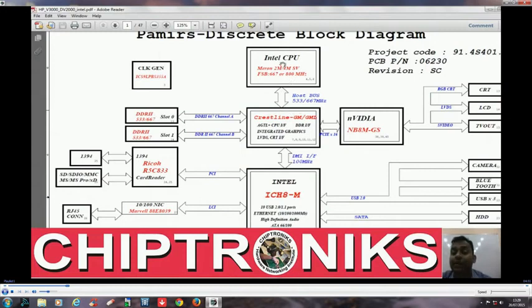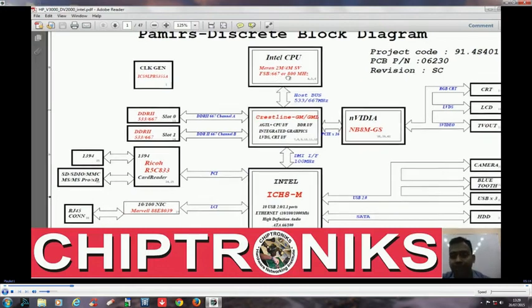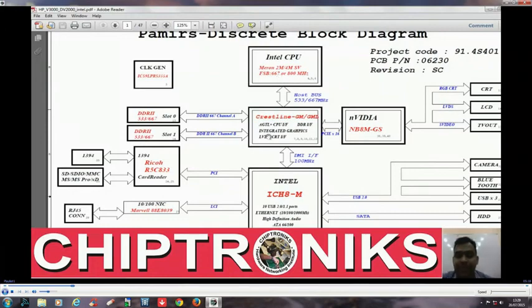This is the speed at which the CPU transfers data between the CPU and the GMCH, while it has a much higher internal frequency. That means it can calculate data at a much higher speed, but it transfers that data at a slower speed. So this is FSB, the front side bus.